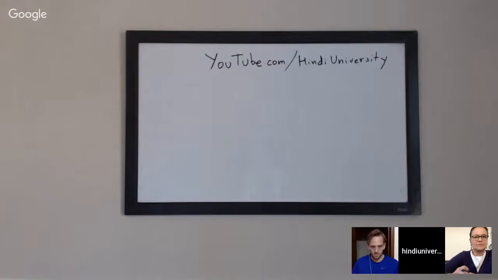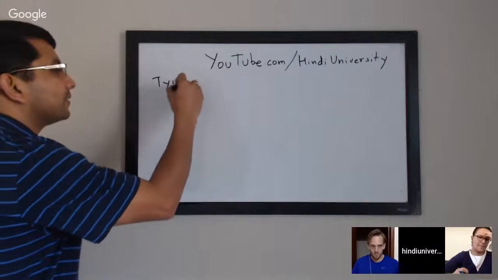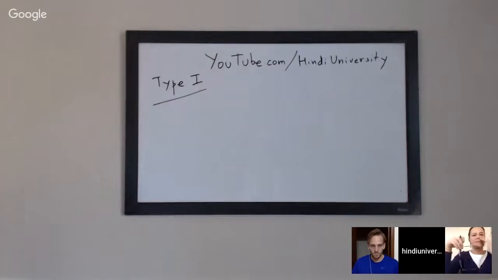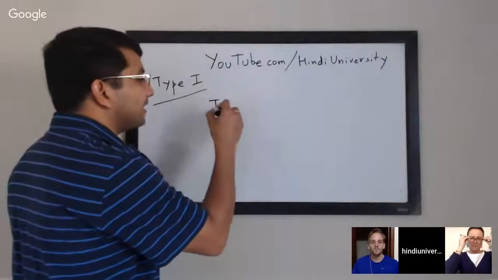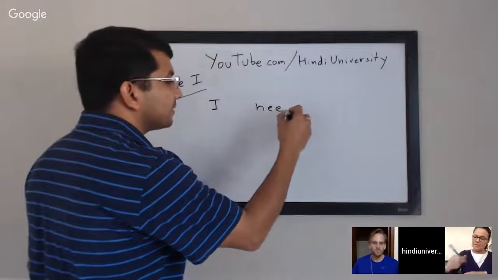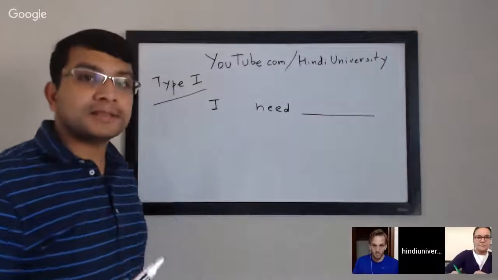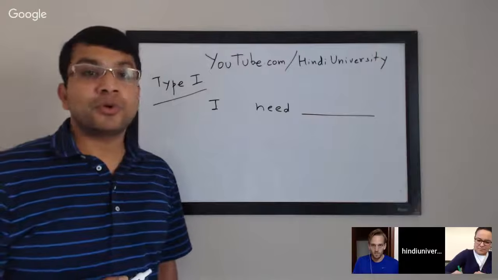So in the type 1 scenario, which we have covered in the past also, imagine you want to express that you need something. It could be anything. It could be a place, it could be your hobby, or it could be something that you want to eat.